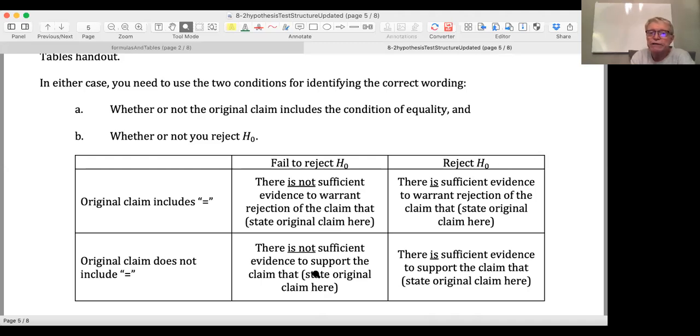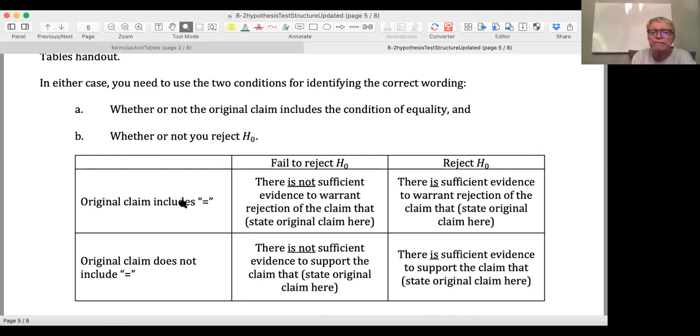If we fail to reject H0 and the original claim does not include equality, we'll say there is not sufficient evidence to support the claim that, and we'll repeat the claim here. If we reject H0 and the original claim did not include equality, we'll say there is sufficient evidence to support the claim that, and we'll state the original claim back over here.